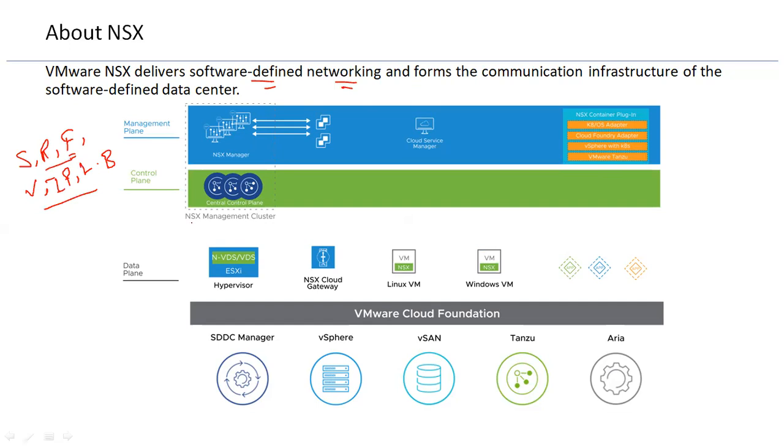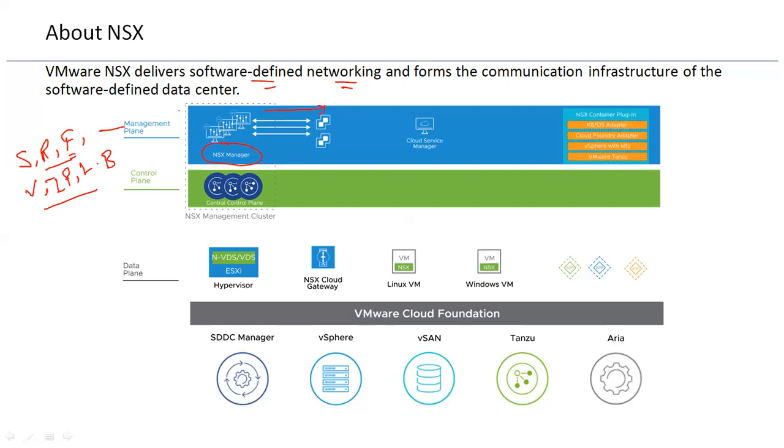From an architecture perspective, NSX is divided into multiple planes, where we refer to the management plane. The management plane is primarily the NSX Manager, where we put our inputs from the management console into NSX using the UI console, or maybe we are using the CLI or API of the NSX Manager.